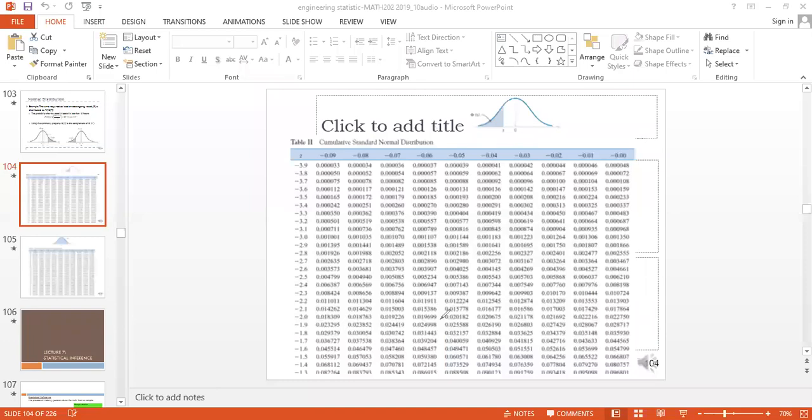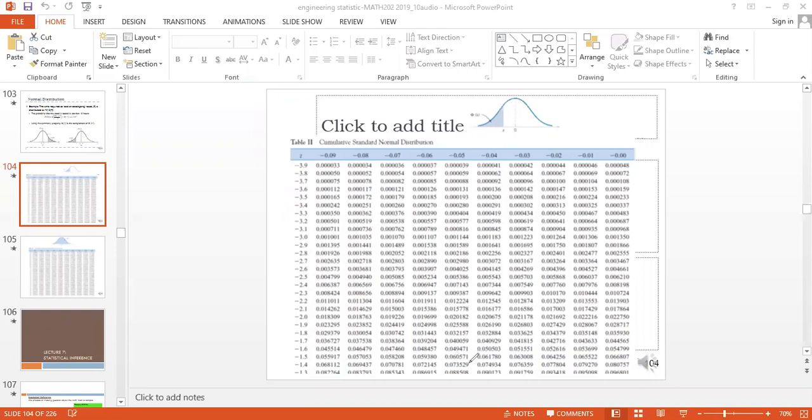So for 0.05, when you come to the table, like I said, these are the probability values down here. And we are going to look for the critical value, which is a Z value. So you locate the probability of 0.05.